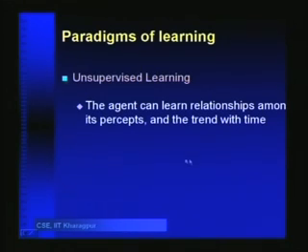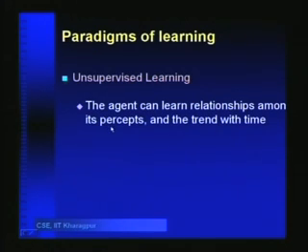The third paradigm of learning is purely unsupervised learning, where the agent can learn relationships among its percepts and the trend with time. If you do not have any supervision nor any feedback, then what do we learn? We just learn some relationships among the inputs or the percepts.